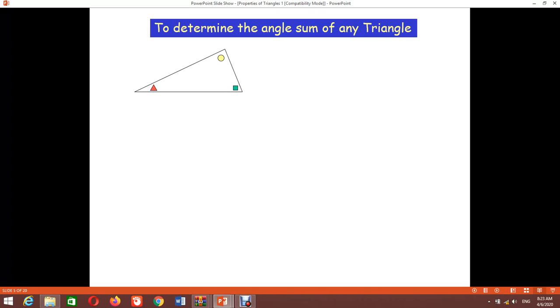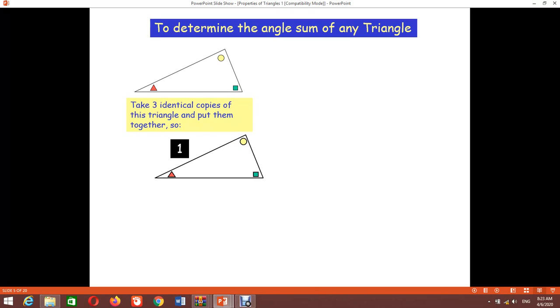To determine the angle sum of any triangle, first and foremost, take 3 identical copies of this triangle and put them together.